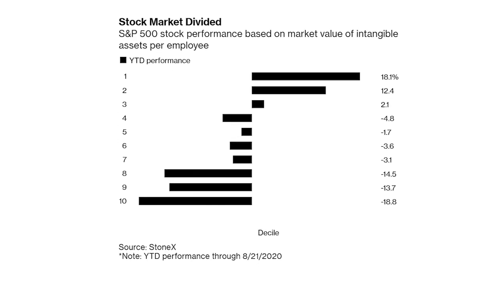What does that mean? Well, here's a chart that shows what it means. And this came up in Bloomberg today. It's a chart that shows the performance of companies this year based on how much the value of intangible assets per employee is.